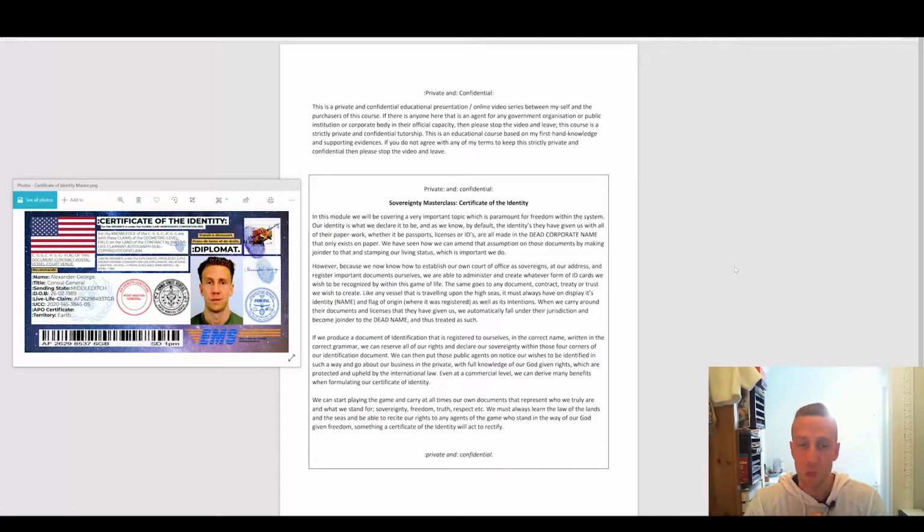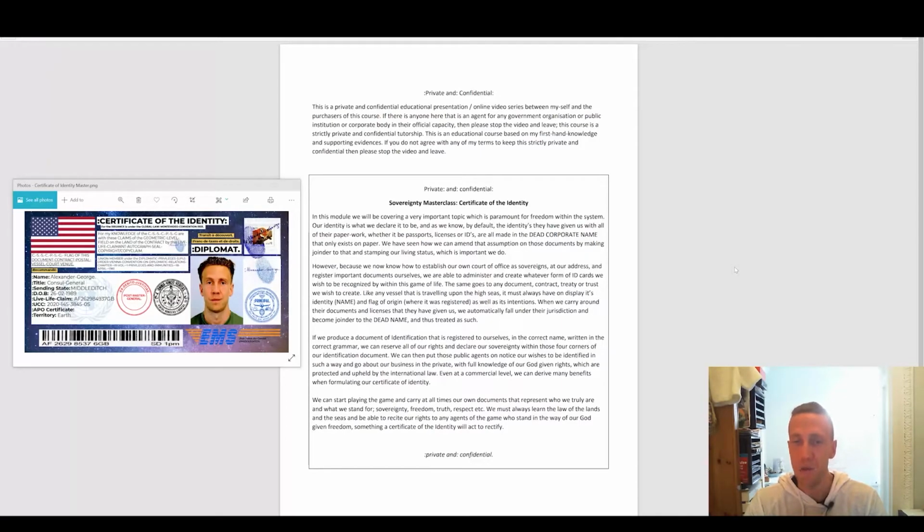However, because we now know how to establish our own court of office as sovereigns at our address and register important documents ourselves, we are able to administer and create whatever form of ID cards we wish to be recognised by within this game of life. The same goes for any document, contract, treaty, or trust we wish to create.